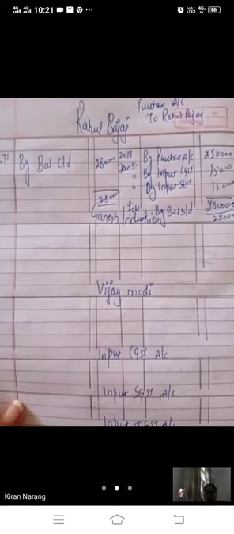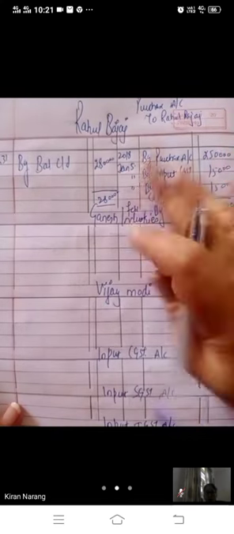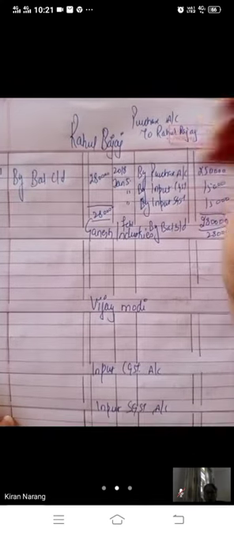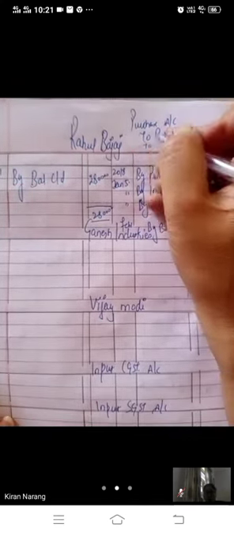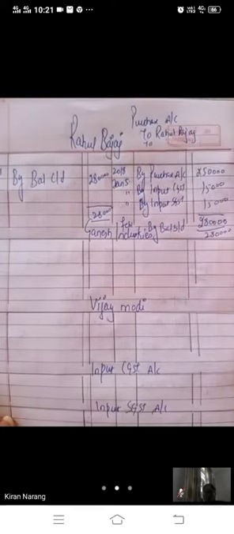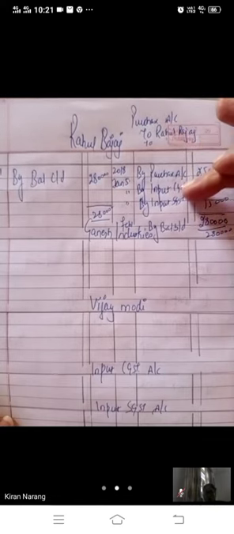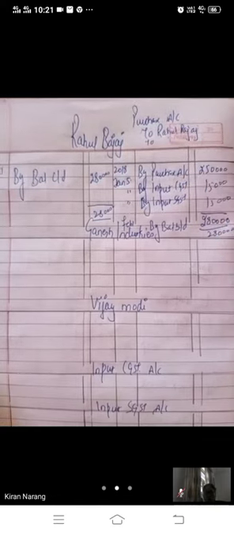Is it clear? Balancing is not done in this question, but I have taught you. This is the way of balancing. The simple journal entry is purchase account debit, input CGST, input SGST debit to Rahul Bajaj. In Rahul Bajaj, you will record all these three things: by purchase, by input CGST, by input SGST.